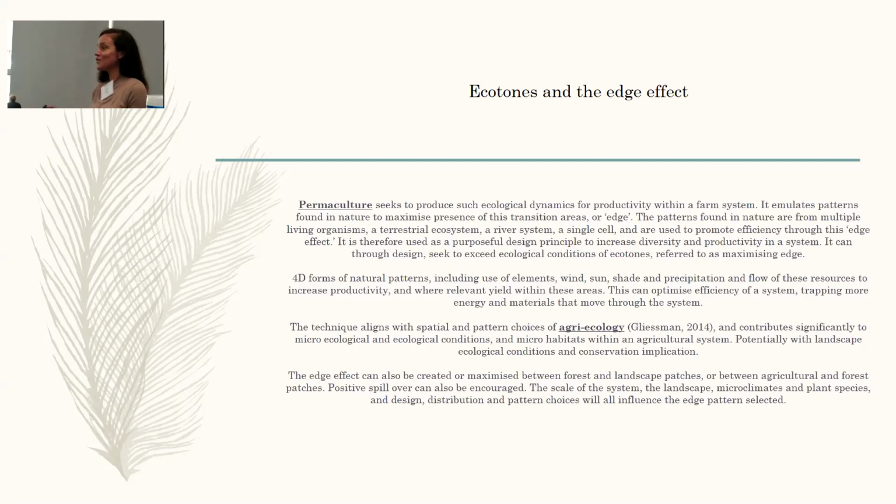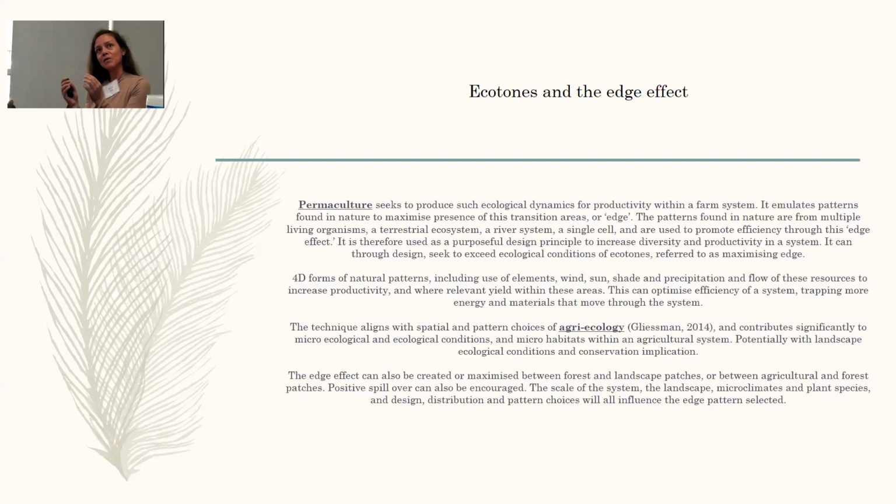Of course, this can also happen by humans as well. We think all the coffee will be better in that natural forest, which isn't always a positive environmental outcome. So I'm talking about natural spillovers, but also there's the human caused spillover as well. So that's just one element of the ecological conditions that can be considered that are used by permaculture.